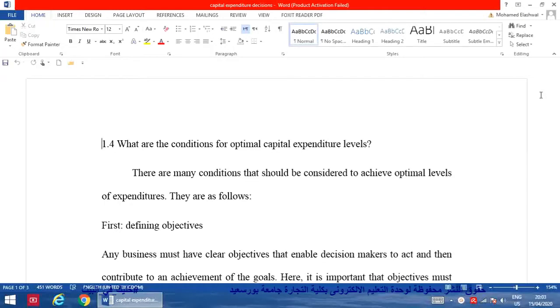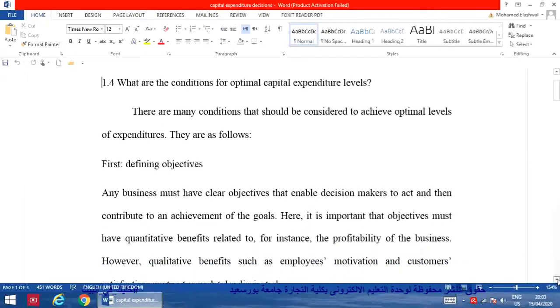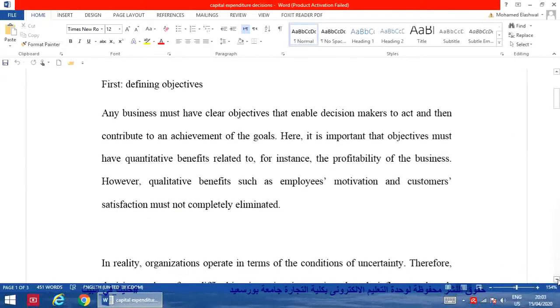They are as follows. The first condition is defining objectives. Any business must have clear objectives that enable decision makers to act and then contribute to an achievement of the goal.